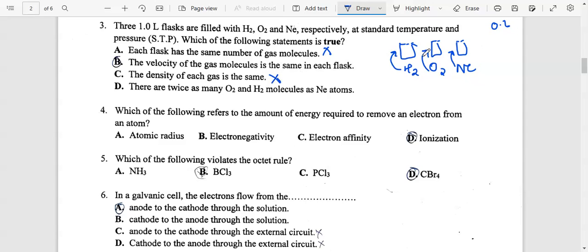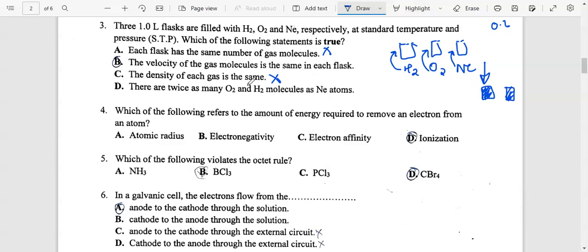Consider a sack: you fill it with sand, and then you fill the same container with feathers. Which one is going to be heavier? The container with sand is much heavier because sand has a higher density. Same with these: we're filling them with different substances which have different molar masses, so obviously they will not have the same density.